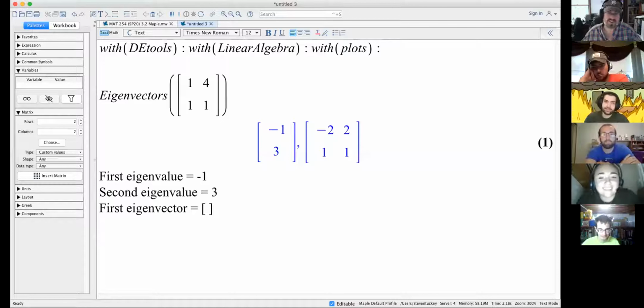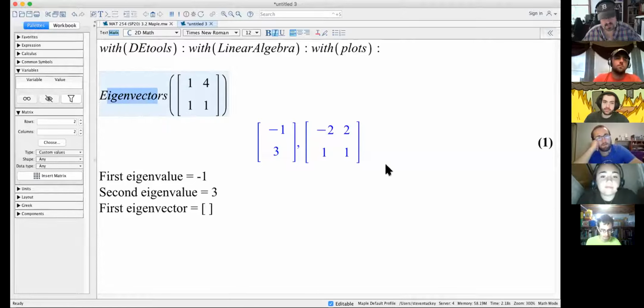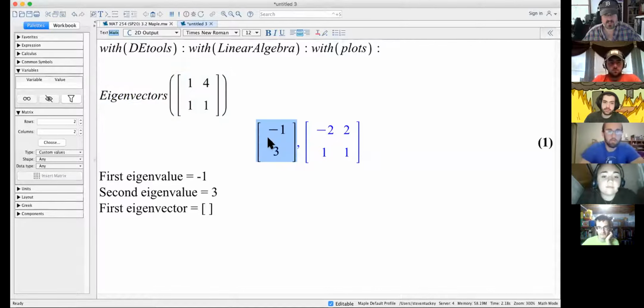So we're going to record again because I keep forgetting. Here we are in Maple figuring out how to use the eigenvectors command. If you ask it for the eigenvectors of a matrix, it gives you an output. The first thing before the comma tells you what your eigenvalues are. The second thing after the comma tells you the eigenvectors, in a very particular way.